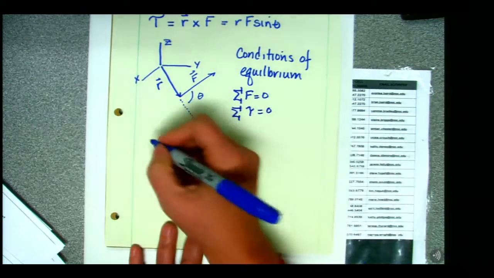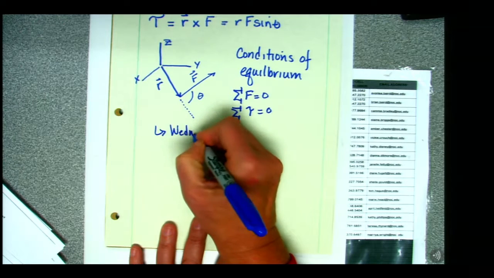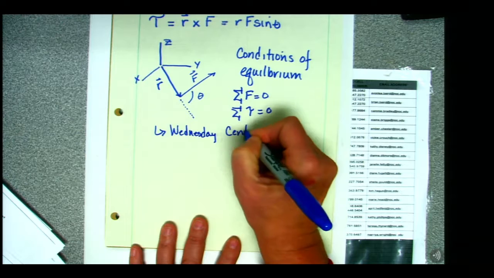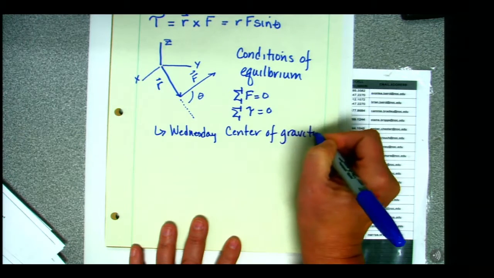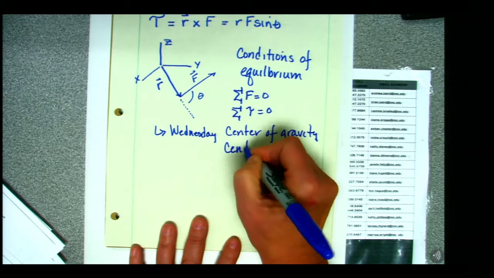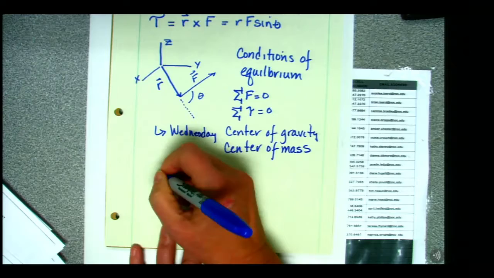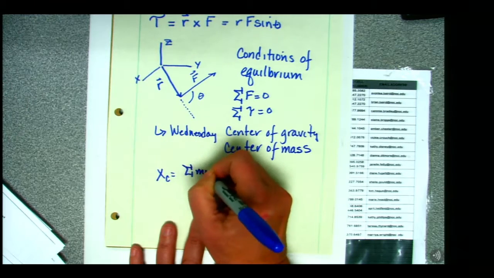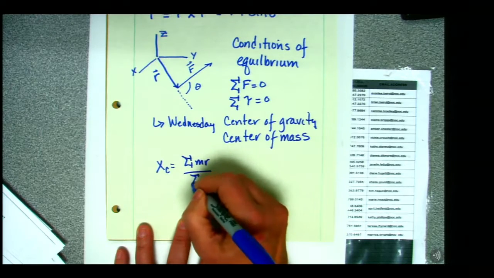We finished on Wednesday with looking at center of gravity or center of mass. The x of the center is the sum of the individual masses times the radius, or wherever they were located, divided by the sum of the masses.